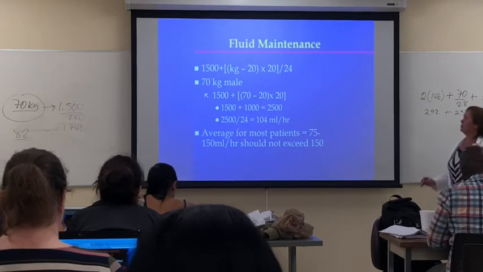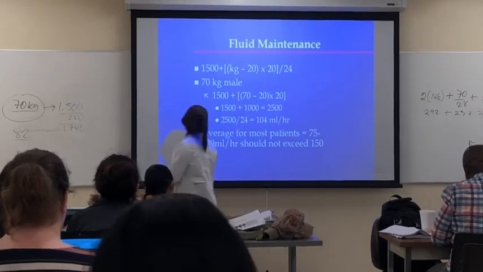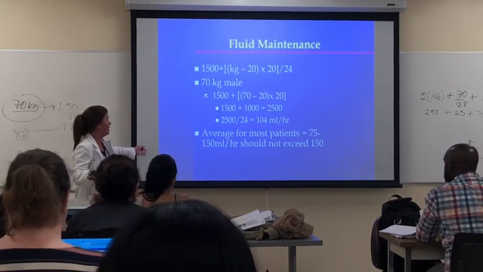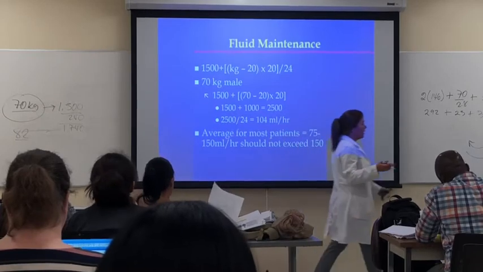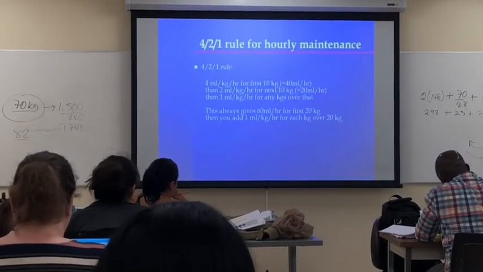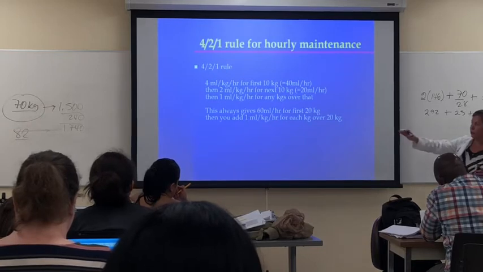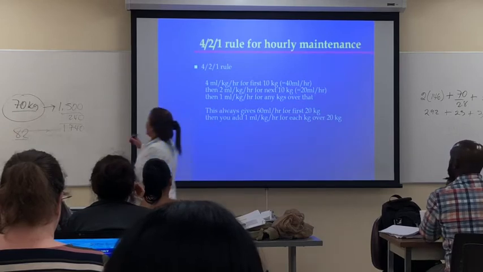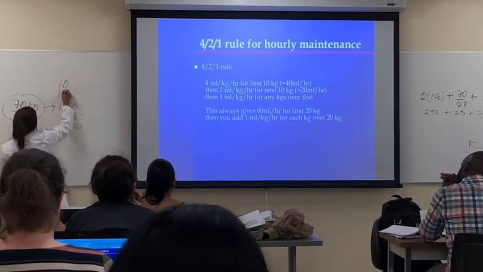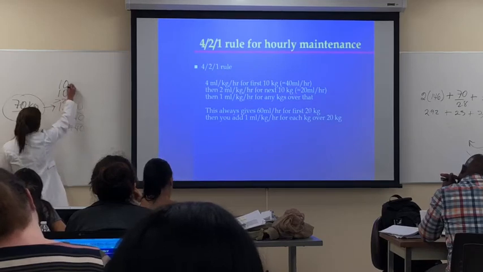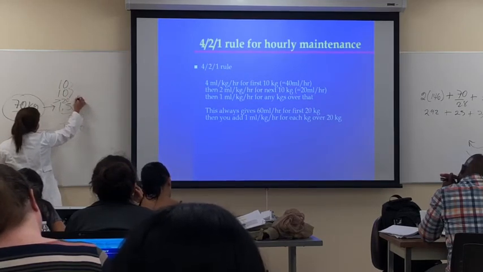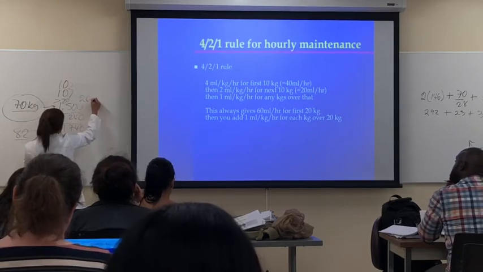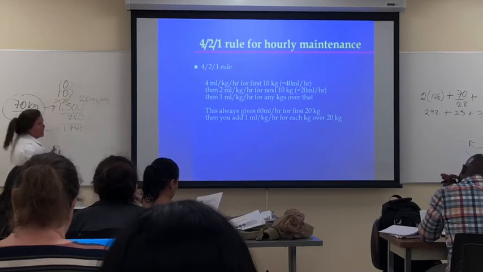For example, here is again 70 kilograms, so it's really easy. But if we get a higher kilogram, which is not there, this is the way I told you: you calculate the excess.